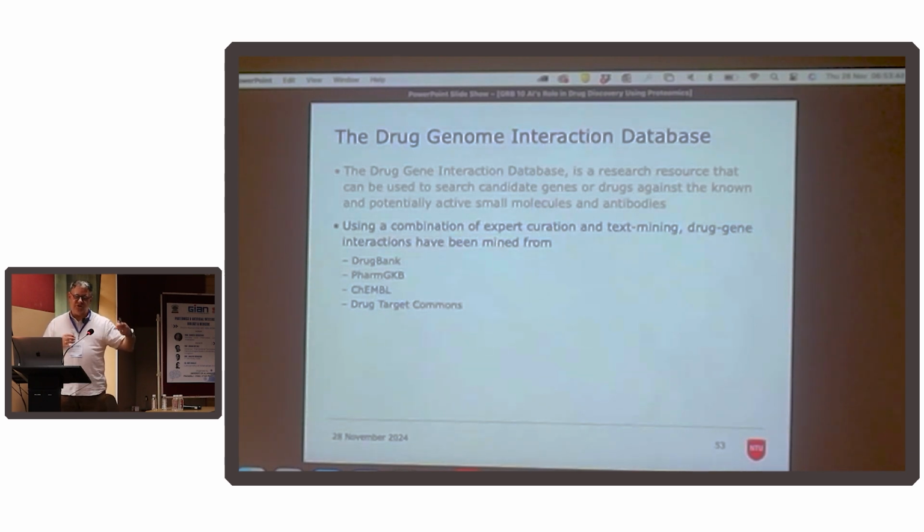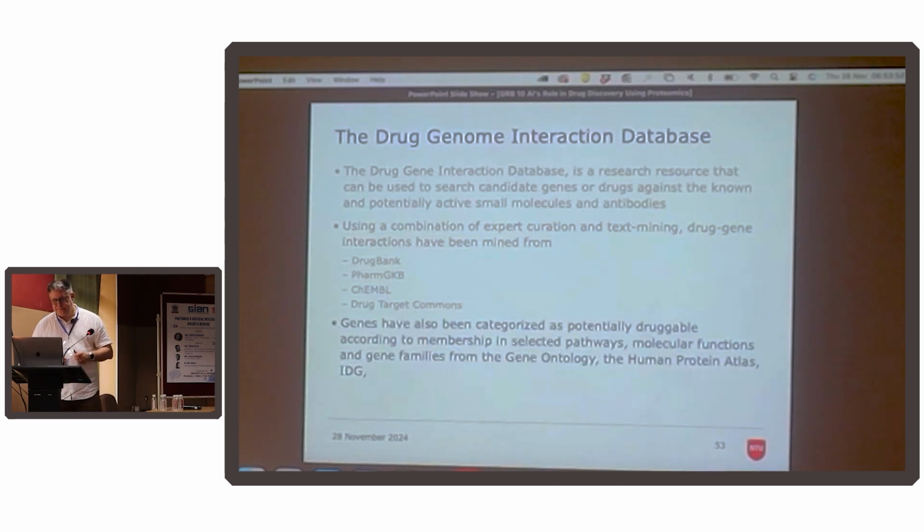So these are all sources of drugging information for molecules. Genes are here categorized as potentially druggable, based upon their membership in pathways, functions, families, ontologies, the Human Protein Atlas, and the druggable genome. So this is found at DGIdb.